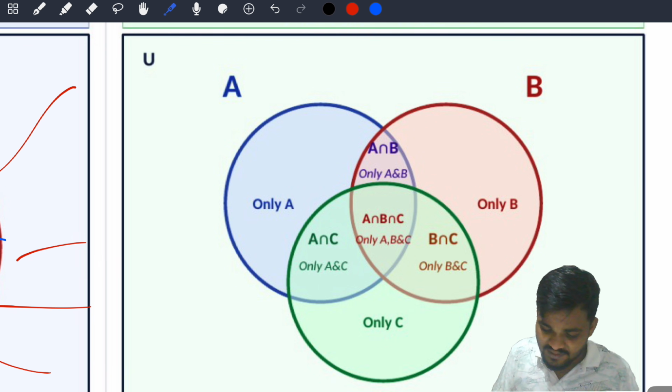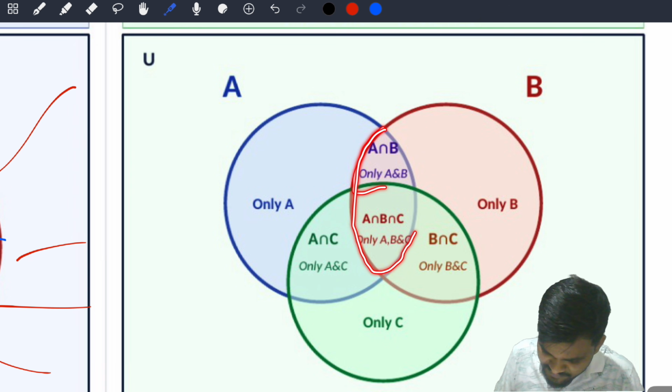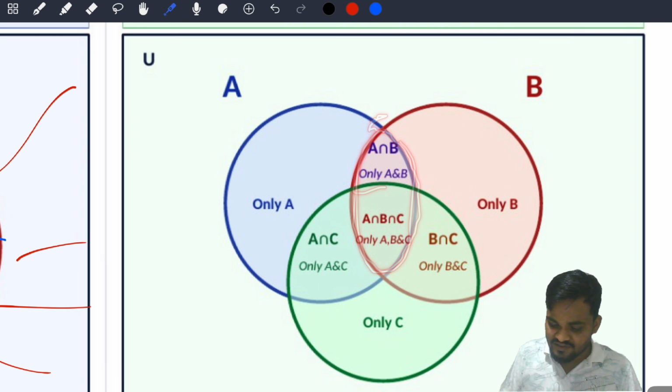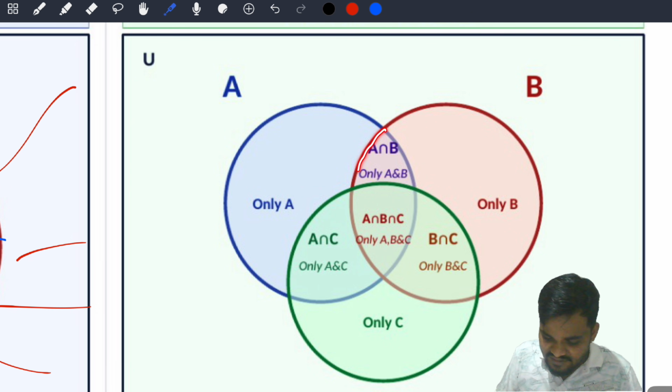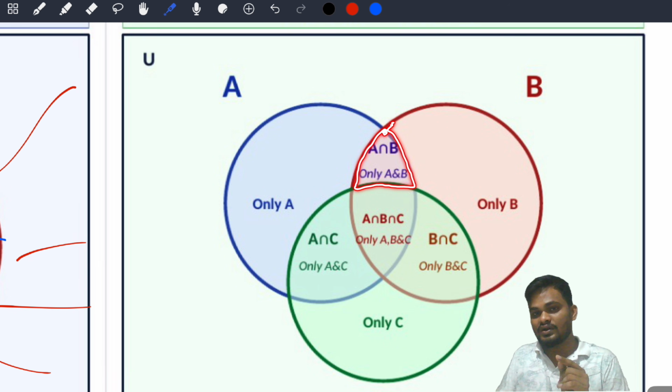Similarly, this region is my A intersection B, but the problem is A intersection C also has some elements, right?